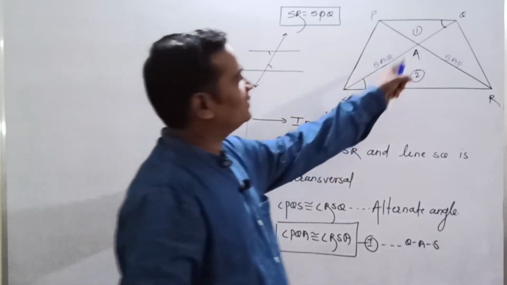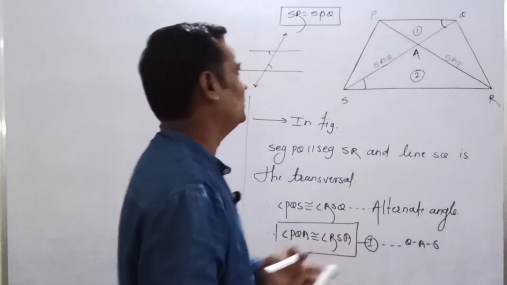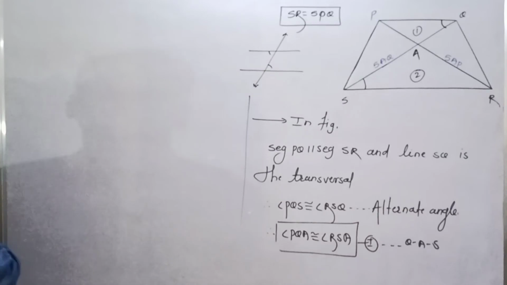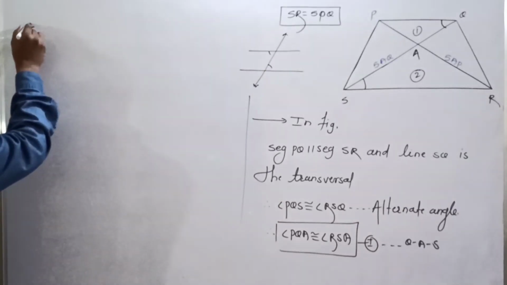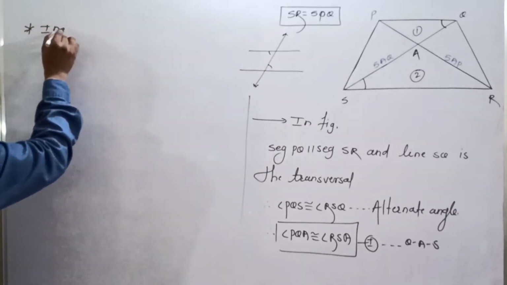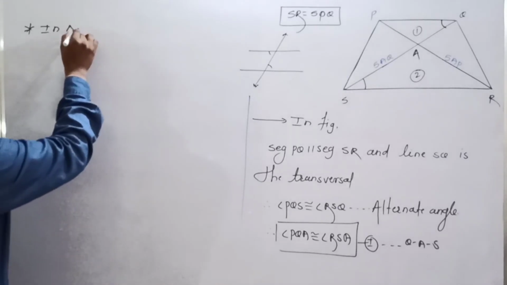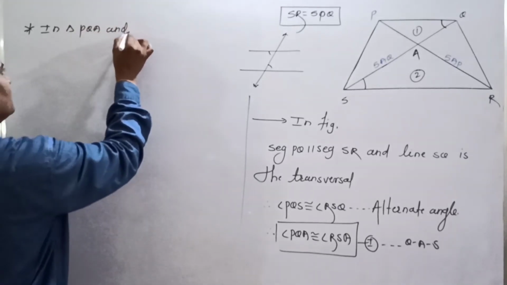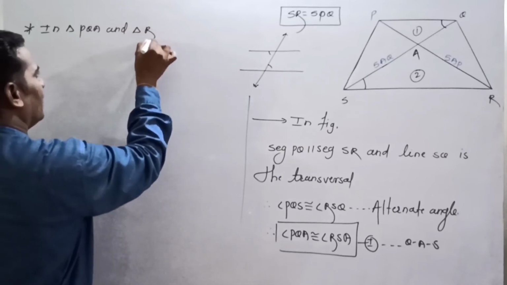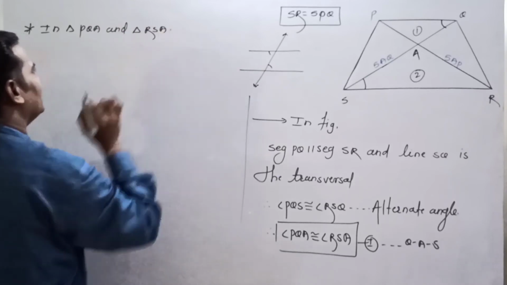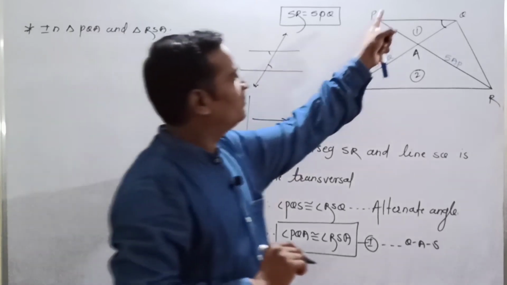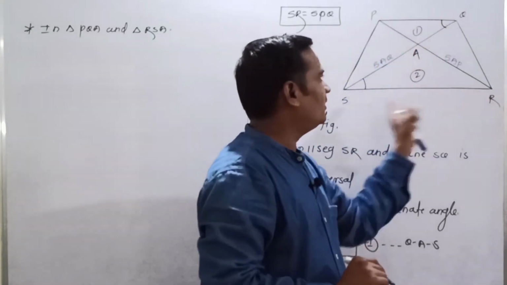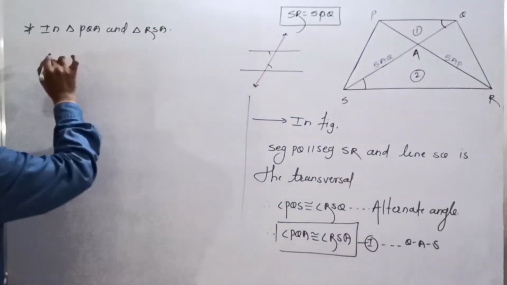So let's take these two triangles now. Which triangles are we going to take here? In triangle PQA and triangle RSA, in these two triangles, look at this, PQA corresponds to RSA, the correspondence is the same.